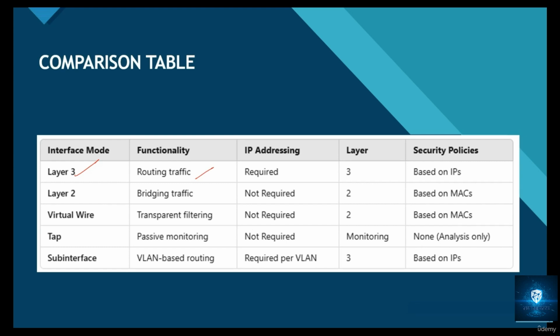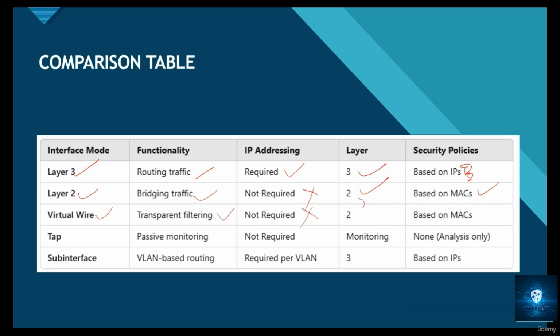It acts as a router, the firewall, and IP addressing is obviously required, and the security policies are based on the IPs. Then on layer 2, this is called bridging traffic, IP addresses are not required, it works on layer 2 and is based on MAC. vWire also, as I said, is called transparent filtering.